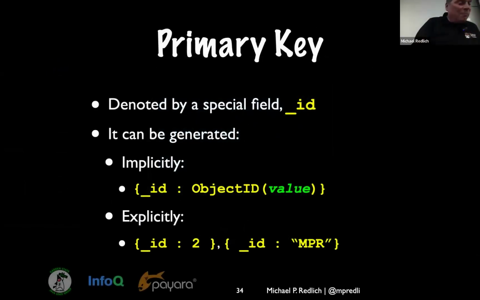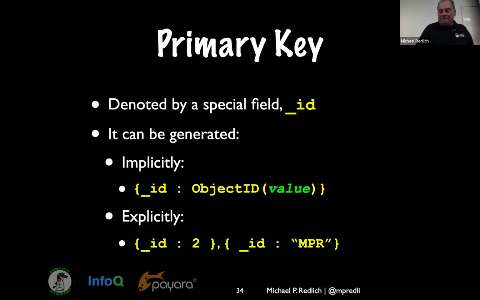All right, the primary key. Well, I'll focus on it again later, but the ID or primary key is _id, but you can have it automatically generated. It's a hexadecimal value, or you can give it a value if you like. If you see the explicit part right there, I said _id 2 or whatever, you know, the one you want, or you can even use a string like you see there, right?